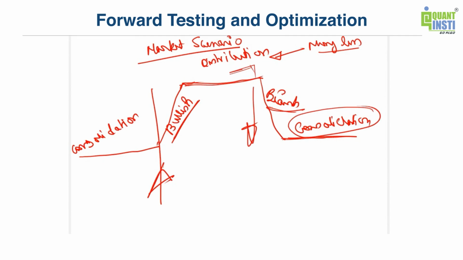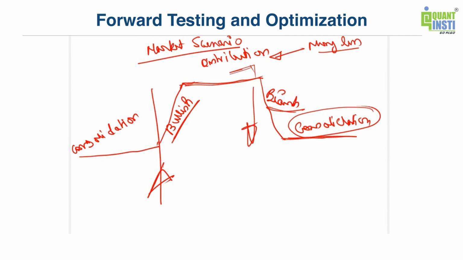Now, it is very easy in hindsight to say that this movement is bearish, this movement is bullish, and this is consolidation. But if I have to look at all these things in terms of how they will play out in future, it's very difficult.